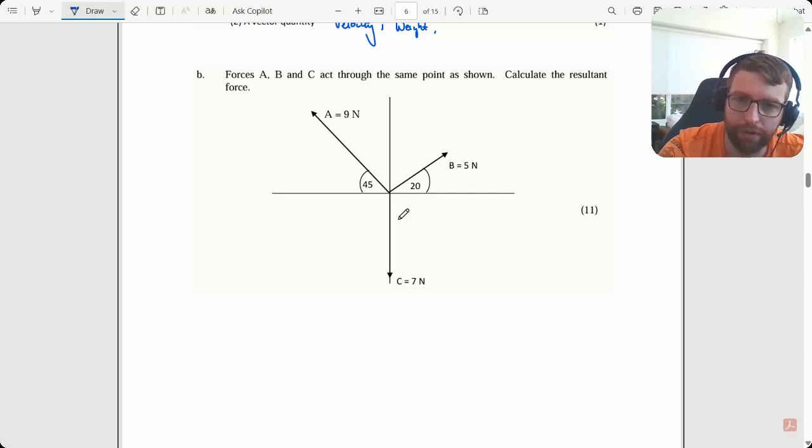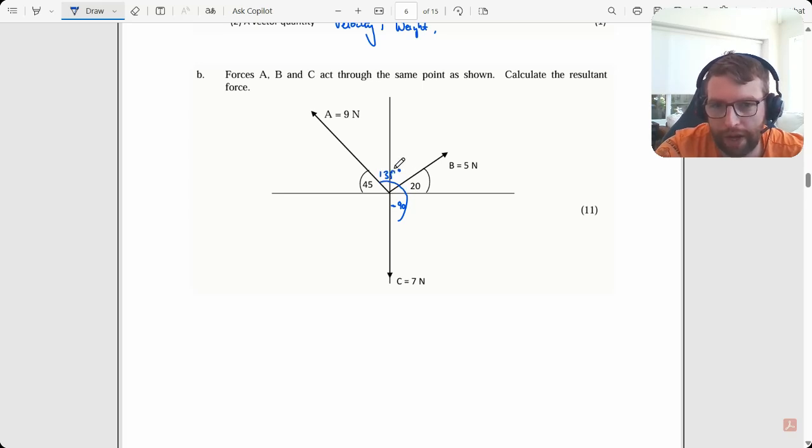It might not work though. So this is like minus 90 degrees, and this is 45. So all the way across here is 135. So I'm going to try it the way the question paper is written, but it's not the way I would do it. And if I don't get the right answer, then I'll just revert back.